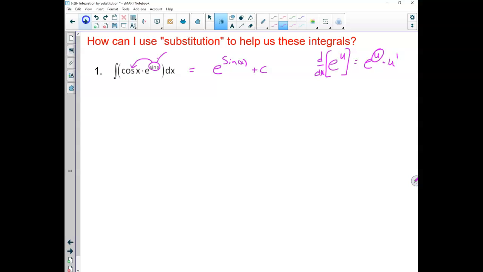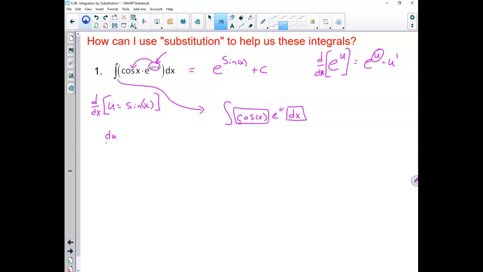So it's e to the something. So think of it. My something, u, is going to equal my sine x. So now I am rewriting this integral here as the integral of cosine x e to the u, and there's my dx. Now remember, I said I got to get rid of that, and I got to get rid of that. So I need to take my derivative, and I don't have to show this work, but usually you're going to go du dx equals, derivative of sine is cosine, sorry.